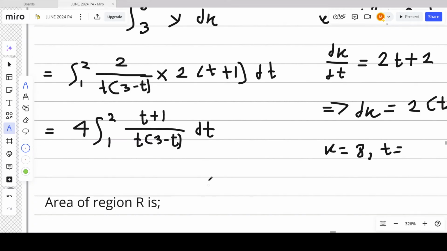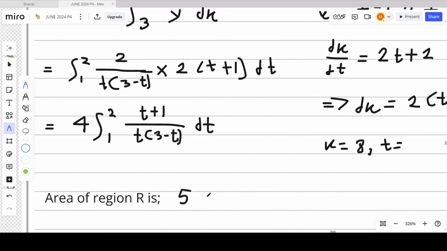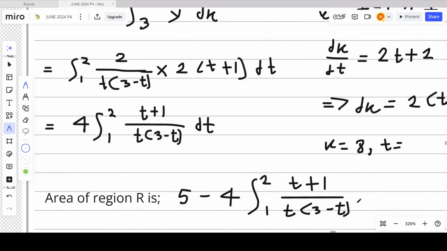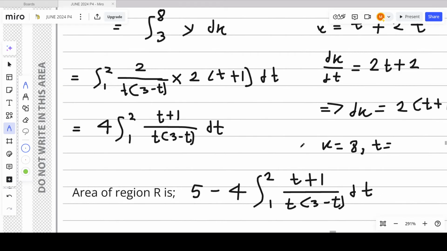So this is 5 minus 4 times the integral from 2 to 1 of (t plus 1) over t times (3 minus t) dt. That's what they have asked for, right?